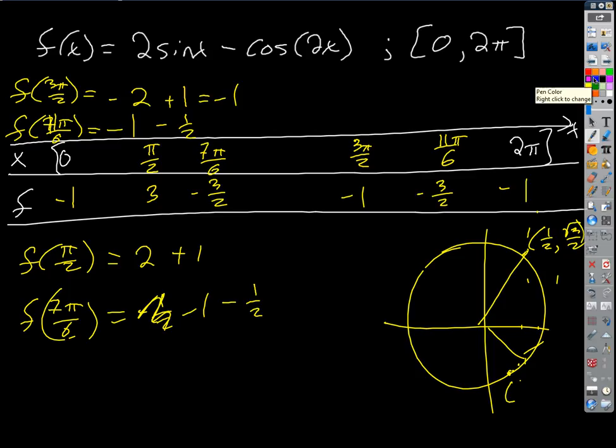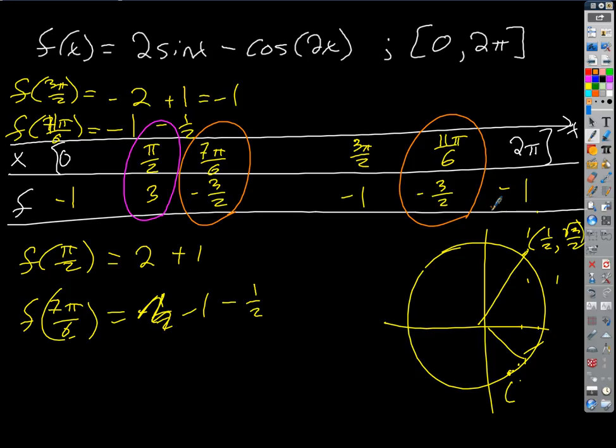So 3 is definitely the winner, isn't it? So that's our absolute maximum. And we have a tie. Good, so we have 2 absolute minima. The absolute minima occur at there and there, right?